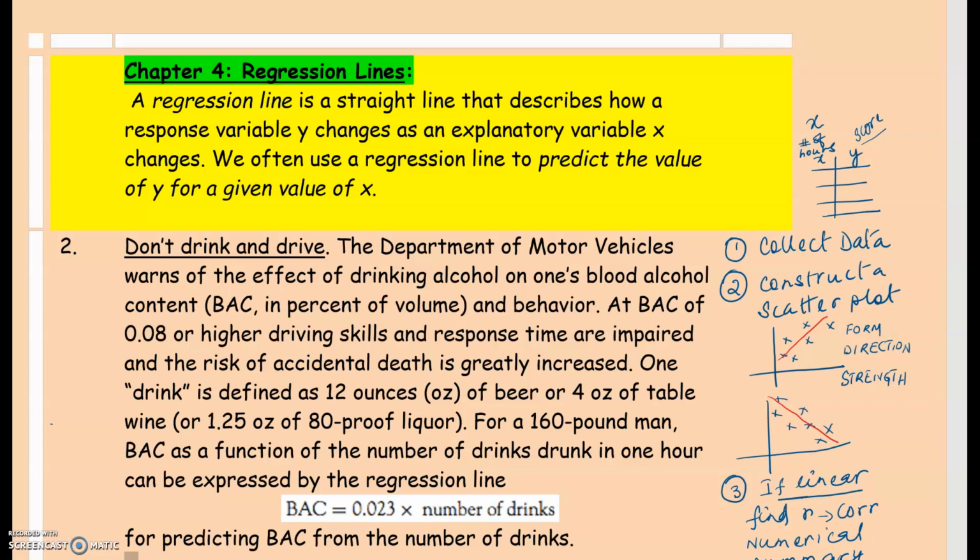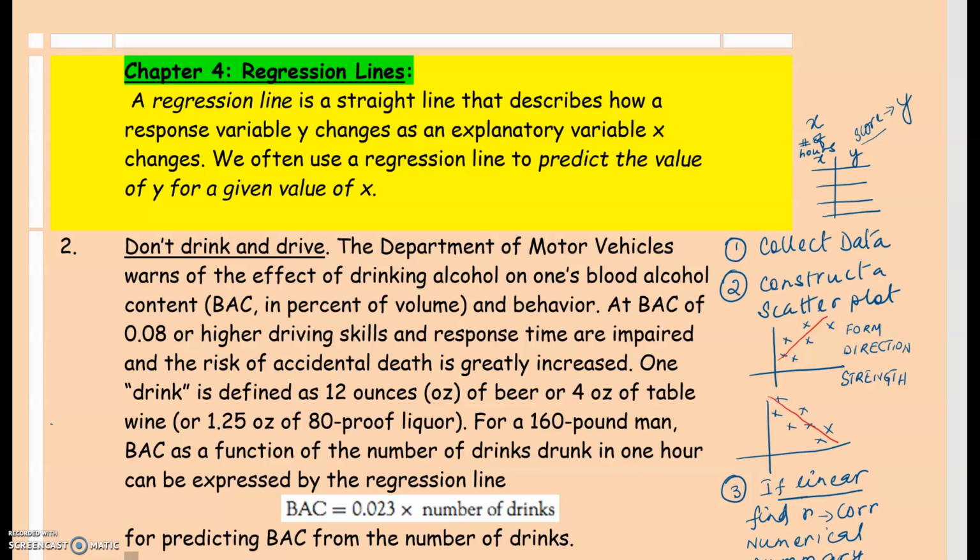Since the score depends on X, which is the number of hours of study, the score on your final exam is the response variable or the dependent variable. So if we want to investigate the relationship between these two, we can make a good assumption that as the number of hours increases, the score on the final exam should also increase.